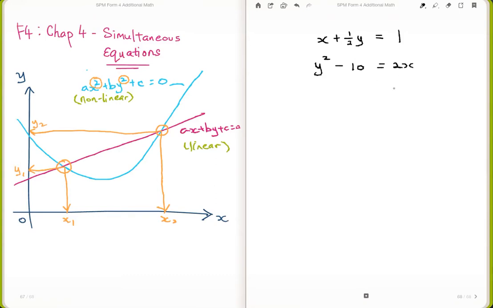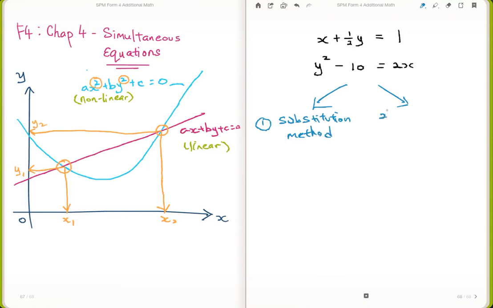There are two methods to solve it. One is called the substitution method, which is the most versatile. You get to use this the most.